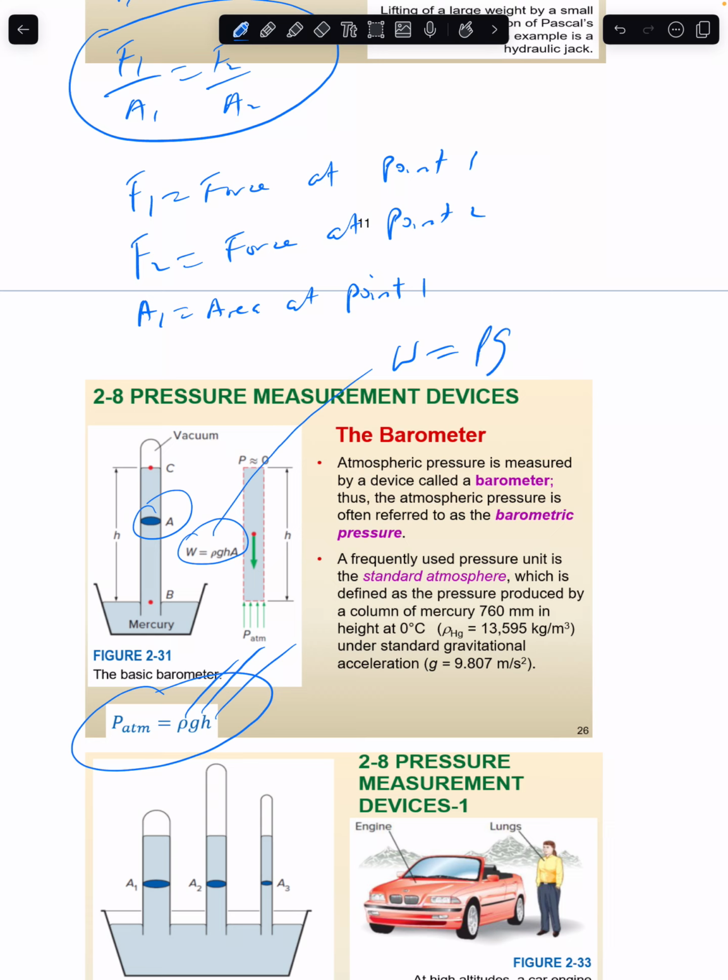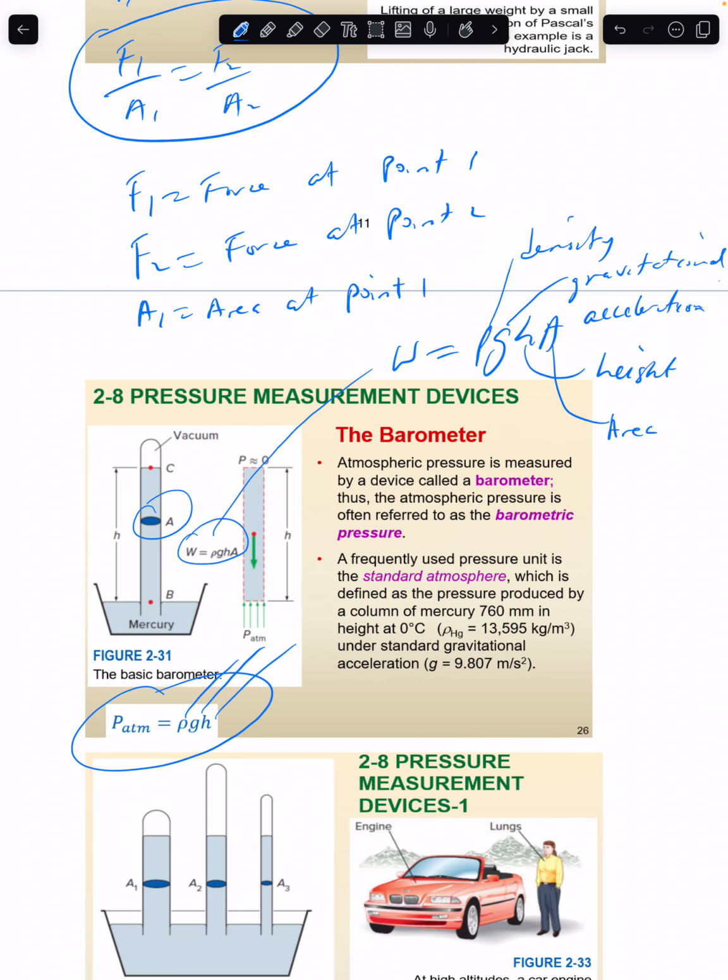Density of fluid times G times H times A. Remember, this is density, this is gravitational acceleration, this is height, and this is the area.